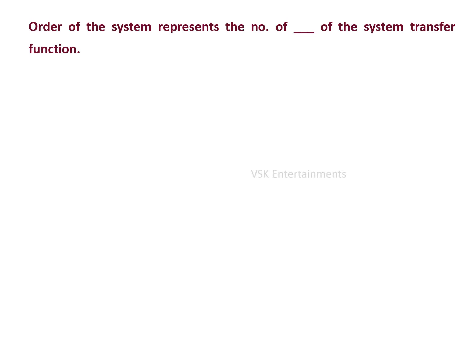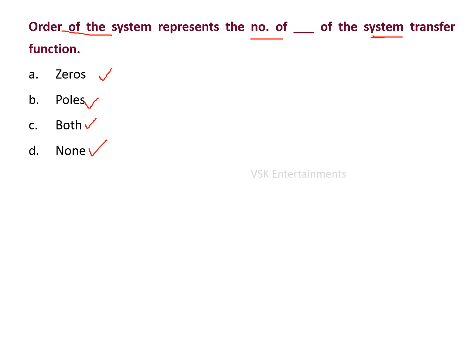Based on the above concept, now we are going to discuss some of the important MCQs on time domain response of second order system. Coming to the first bit, the order of the system represents the number of dash of the system transfer function. Here options are zeros, poles, both zeros and poles, and none of the above.